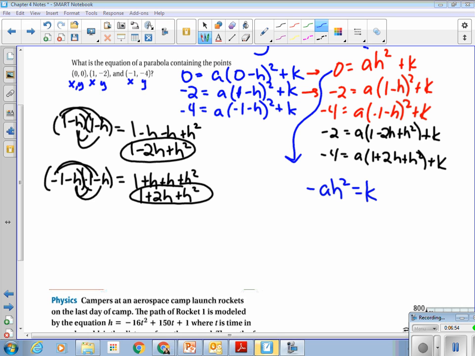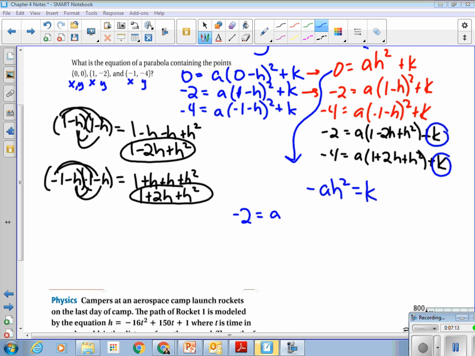So where that k happens here and here, I'm going to do something called substitution. And just like having a substitute teacher, you take it out and replace it with something that should be equivalent.